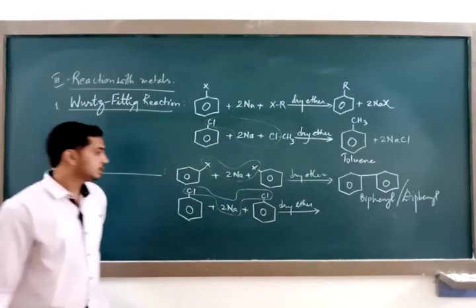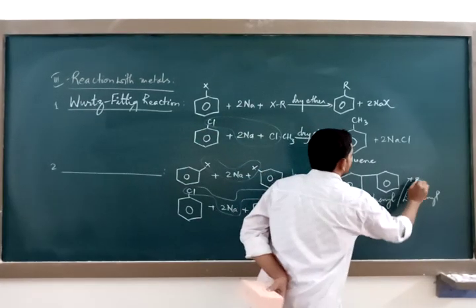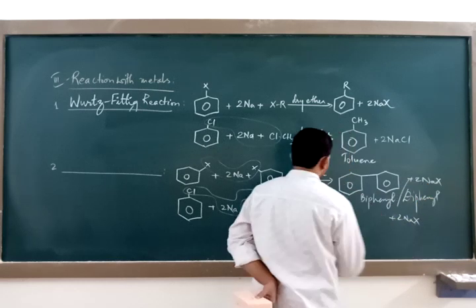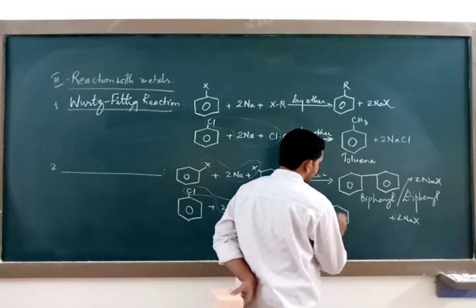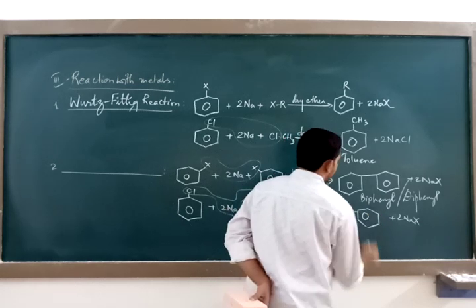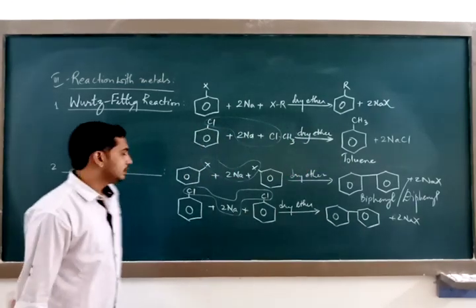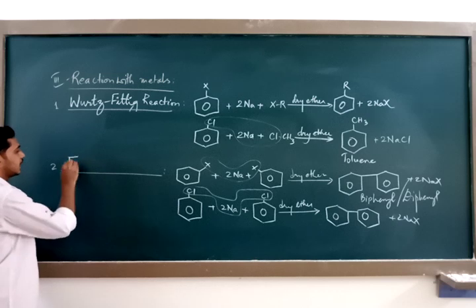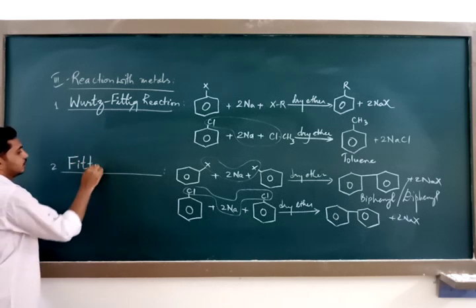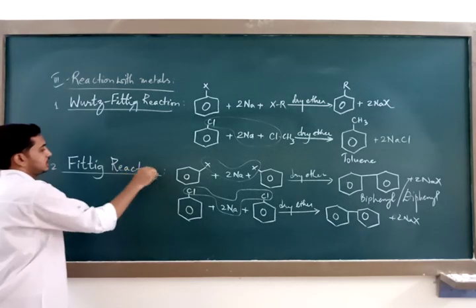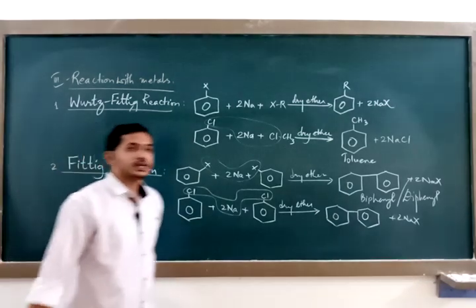Remove this much part, then you will end up with the same product, biphenyl or diphenyl. This reaction wherein only two haloarenes are used, this reaction is called Fittig reaction.